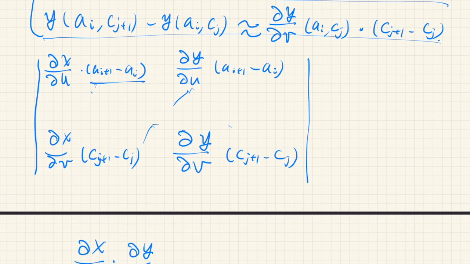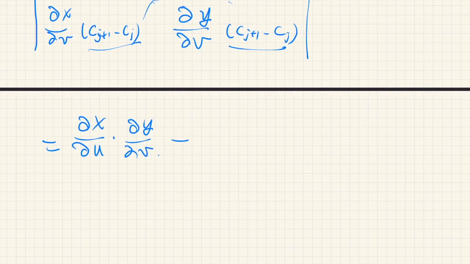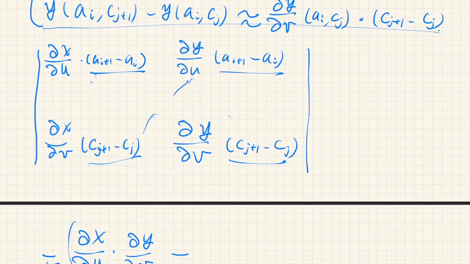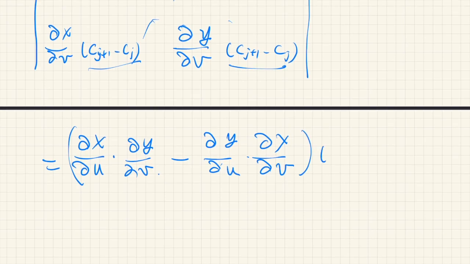We have this times this and this times this in both terms as factors, so we will factorize: ai+1 minus ai times cj+1 minus cj.